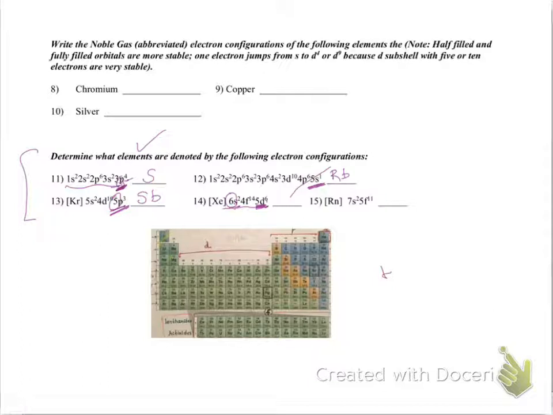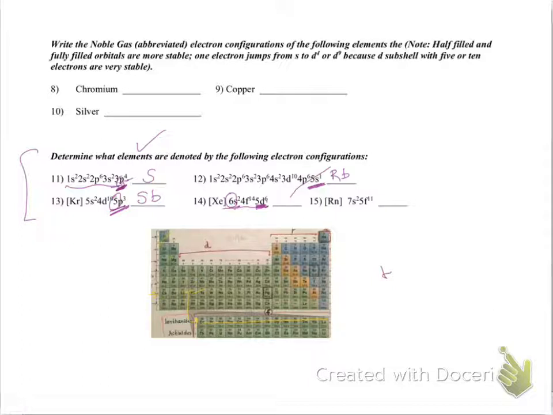If you look here, in the sixth row, this is 6s2, and then after that we come here to fill the F block, and we fill all the F, and then we go back to 5d.